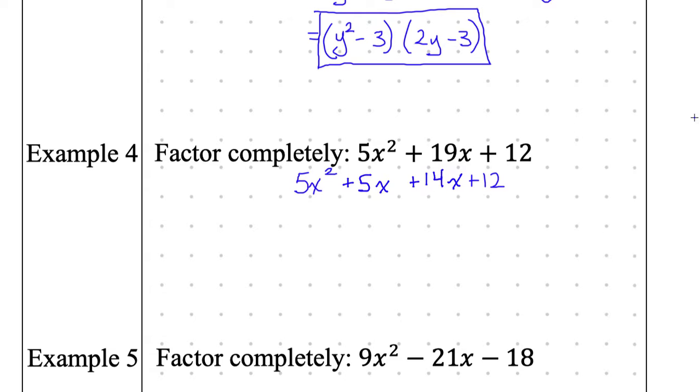Okay, that's not going to work. I'll show you why. The greatest common factor over here is 2, so I'm going to have 2 times 7x plus 6. And can I somehow get a 7x plus 6 from 5 and 5? No, I can't. So I didn't wisely divide the 19x into 2 halves.